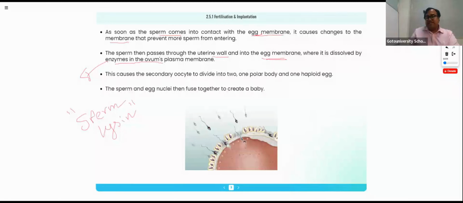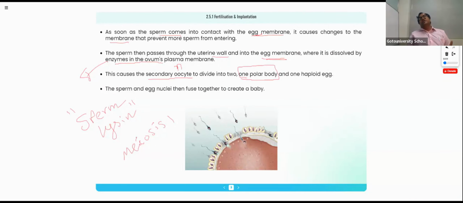So secondary oocyte is also called the meiosis 1 product. Instead of asking the direct question, they will say the meiosis one product is nothing but the secondary oocyte, which is a haploid cell symbolized as single N, which is getting divided into a primary polar body.